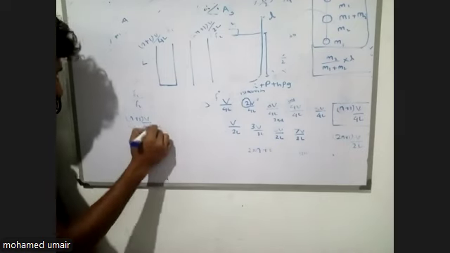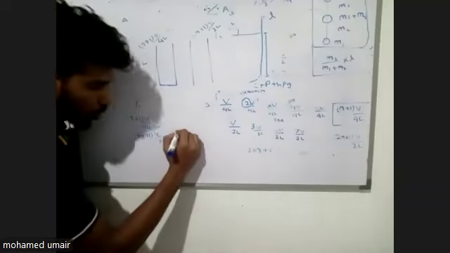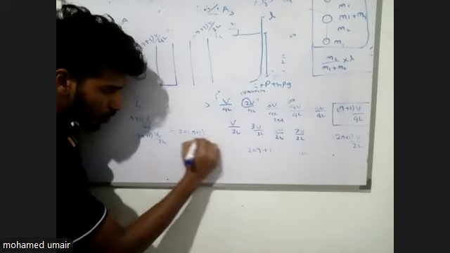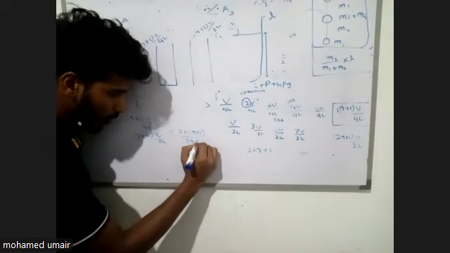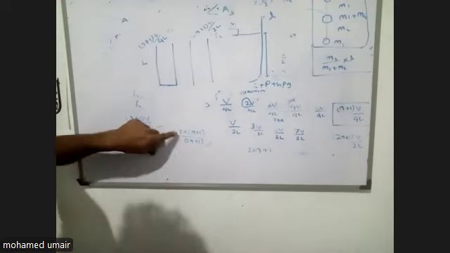So V over L cancels. I'll be having the final answer as 2 times n plus 1 over 2n plus 1. That's the ratio. So the first one, n plus 1 over 2n, is wrong, it's 2n plus 1. And there's another 2 as well. So the answer is answer number 4.